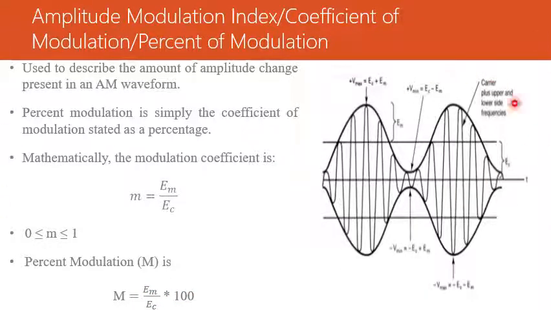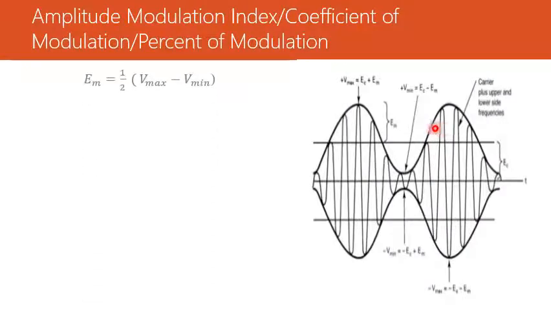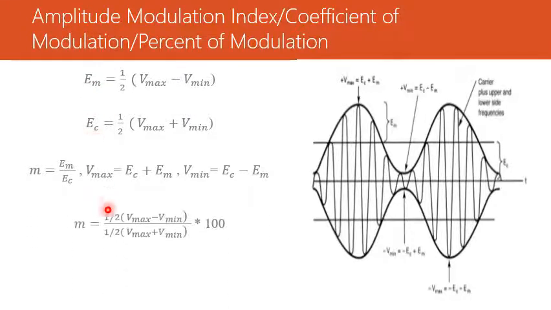This figure shows the AM modulated signal, and the envelope of this AM modulated signal depends upon the shape of the modulating signal. Next we want to derive a relationship between Em, Ec and the modulation index m.